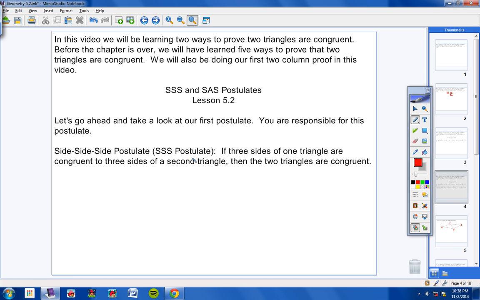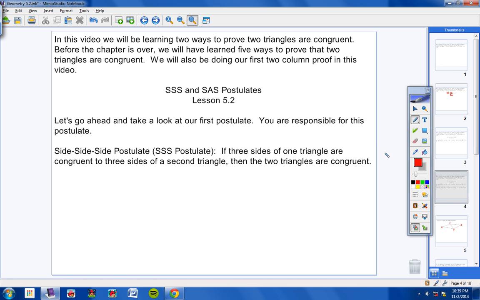It reads as follows: if 3 sides of one triangle are congruent to 3 sides of a second triangle, then the two triangles are congruent.